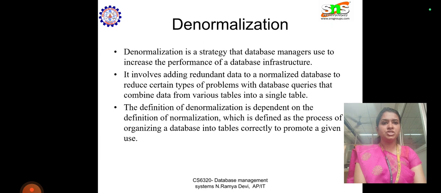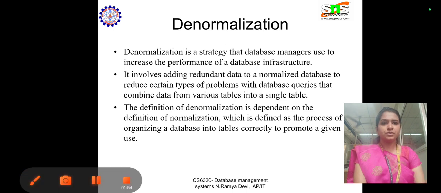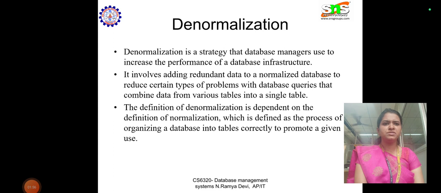Denormalization is a strategy that database managers use to increase the performance of a database infrastructure. It involves adding redundant data to a normalized database to reduce certain types of problems with database queries that combine data from various tables into a single table.